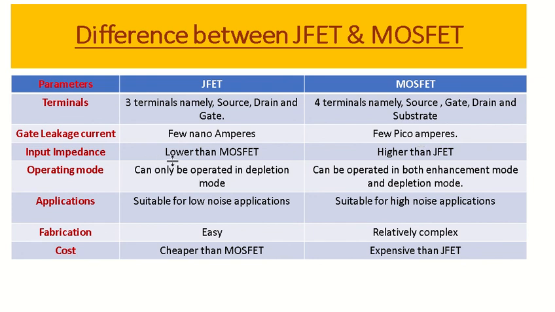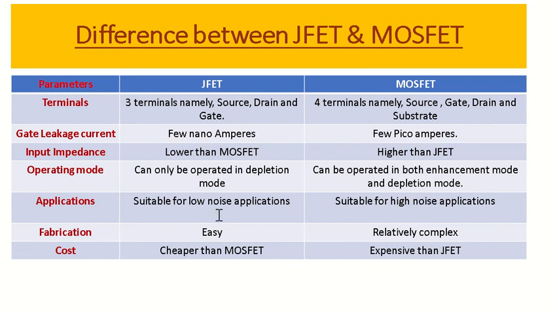Input impedance is lower in JFET compared to MOSFET, and higher in MOSFET. On operating modes, the key point is that JFET can only be operated in depletion mode, whereas MOSFET can be operated in two modes, enhancement mode and depletion mode.